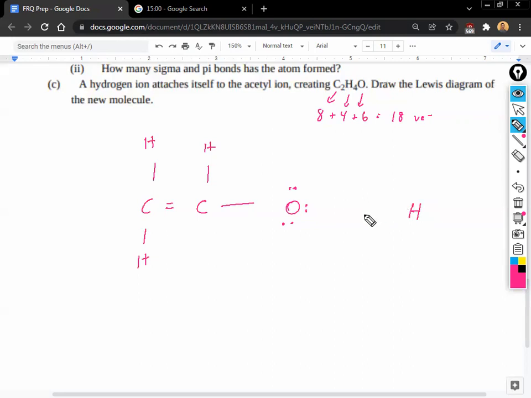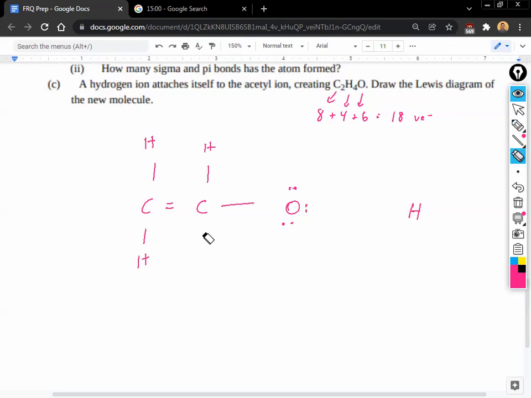Now the question is, where do we attach the hydrogen? We can attach it to this carbon, to that carbon, or to the oxygen. What we want to do is figure out what's going to keep our formal charges happy. I'm going to give you a hint.